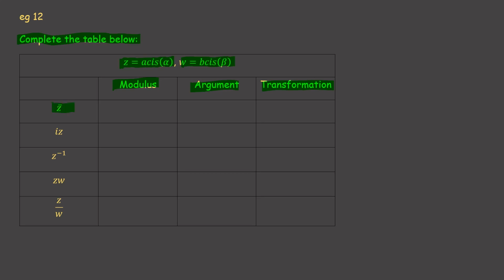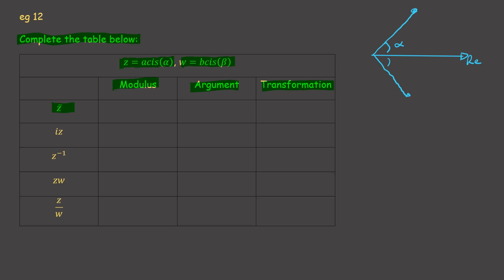So let's look at Z bar. If we think about the conjugate of Z, this is the real axis just here. Let's say that Z is here and this angle is alpha. Then we know that the conjugate is a reflection in the real axis.